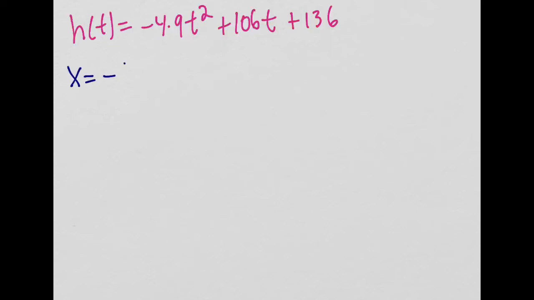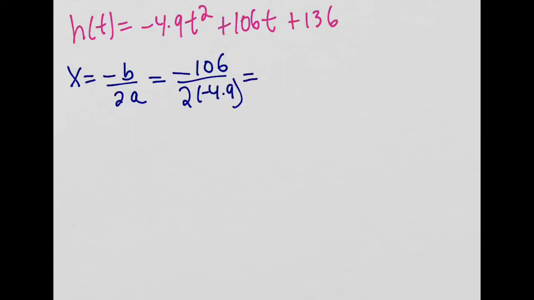I'm going to use the formula negative b over 2a, negative 106 over 2 times negative 4.9. Seems like we're going to get a decimal here.